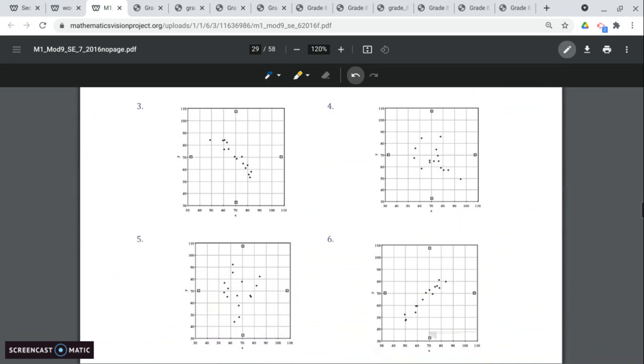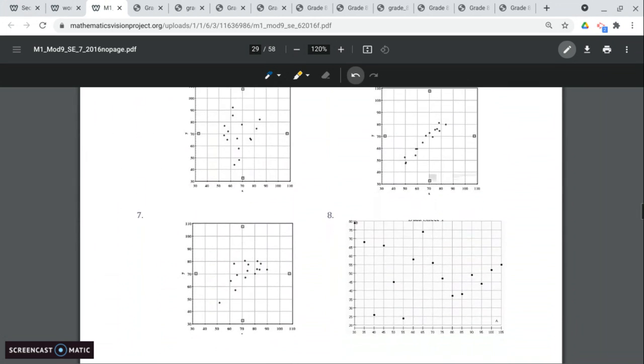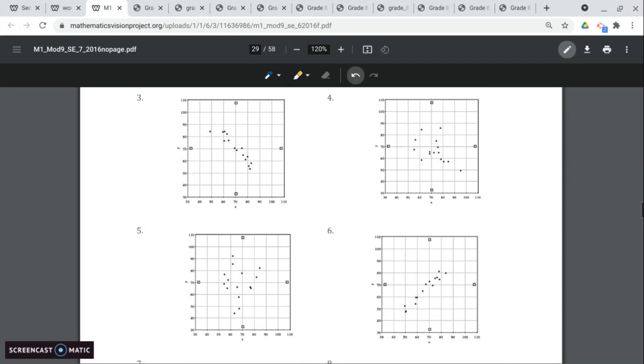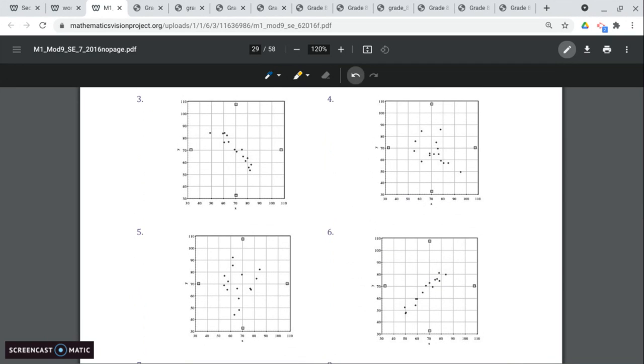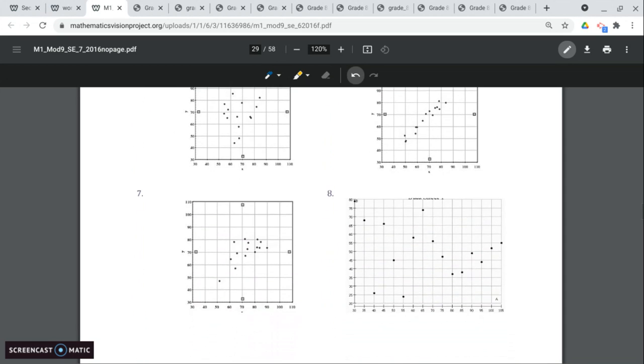So, 3 is negative and let's see, 4 is looking to be rather negative. And also, now, this one kind of is all over the place. There's kind of a trend going down, but then it comes back up. But I will tell you, 8 is going to be negative. So notice how far apart all these points are on 8.